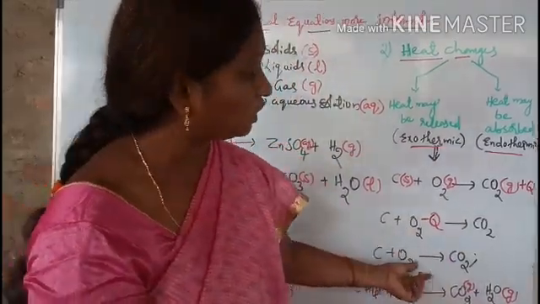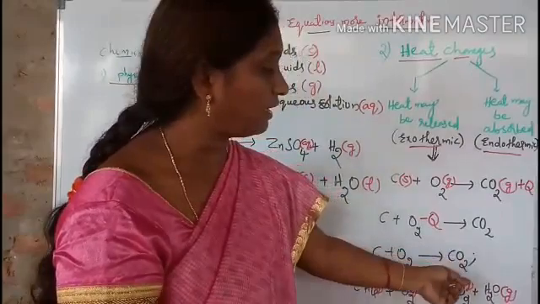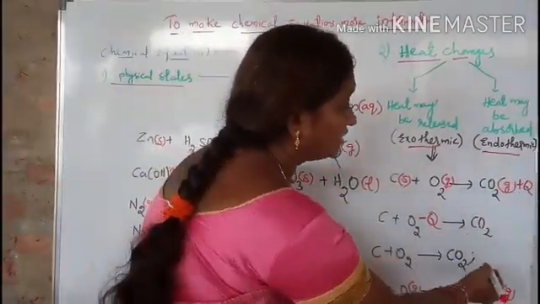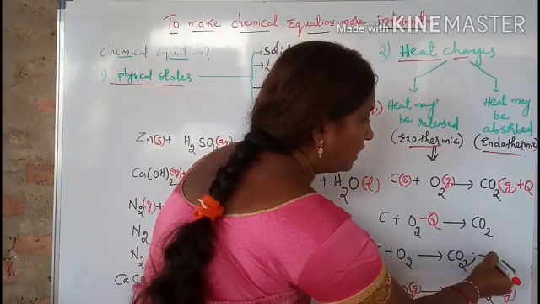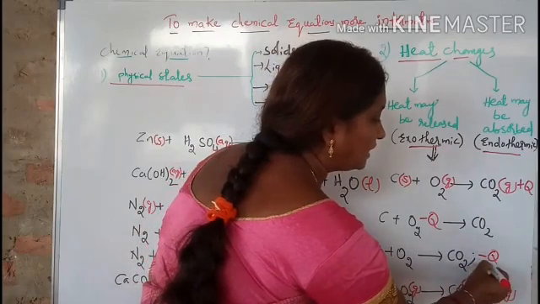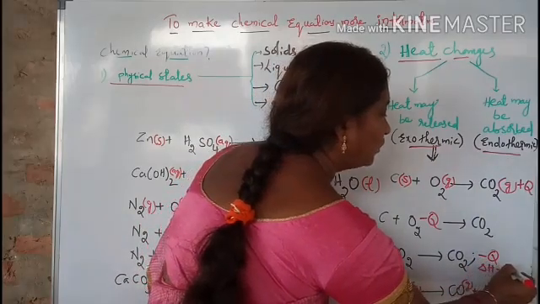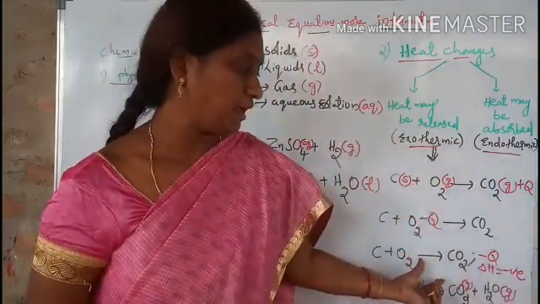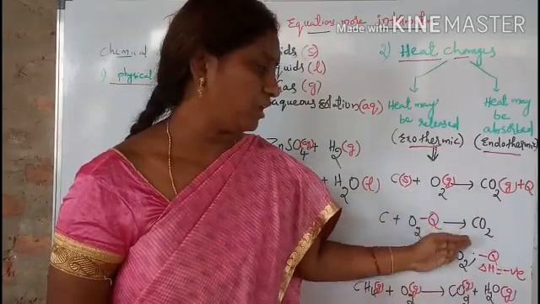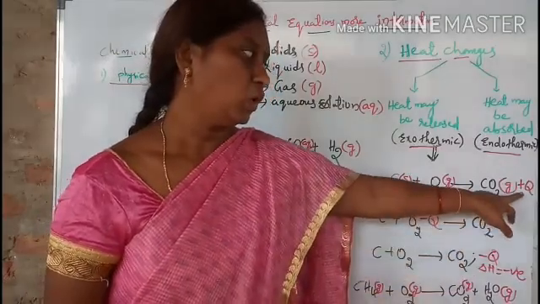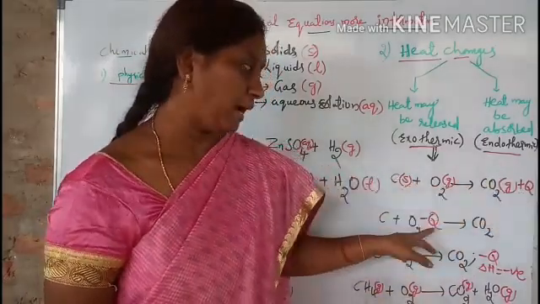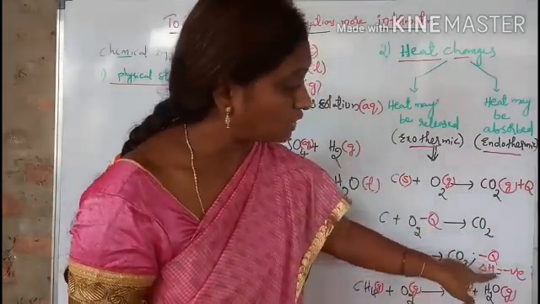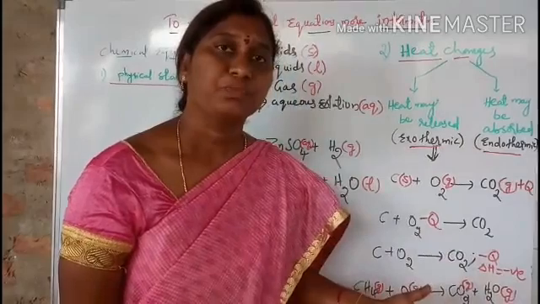Now C plus O2 gives rise to CO2 is separated by a semicolon. Now you can write the heat released as minus Q, or delta H will be equal to negative. This is how the exothermic reaction can be represented in any way: plus Q on the product side, or minus Q on the reactant side, or totally outside the reaction as minus Q or delta H is equal to negative.